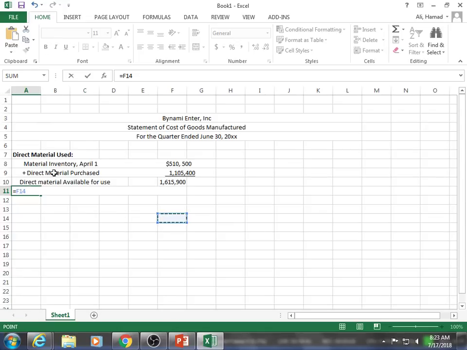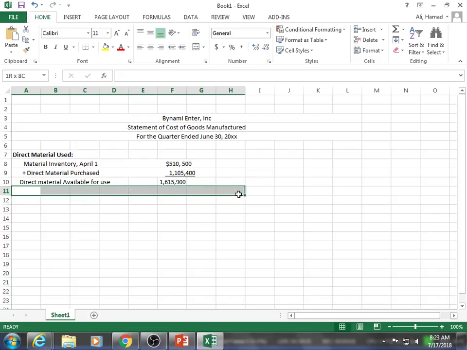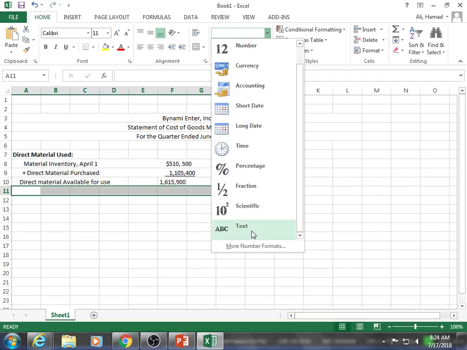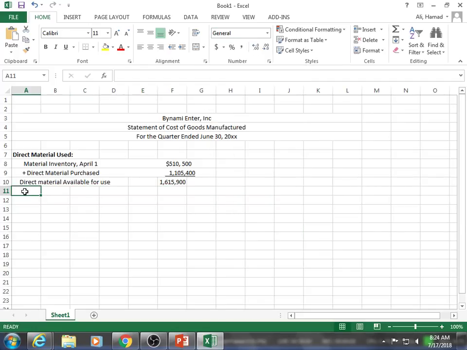Oops, undo. I think what I should have done in this case is put available for use as text, so it won't turn into a formula.